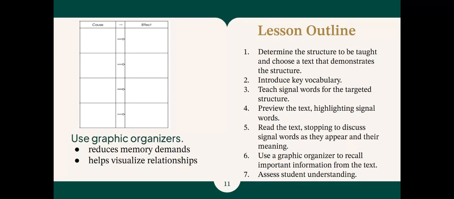Does issue prompt a problem or the solution? Step 6, use the graphic organizer to recall the important information from the text and organize the information into their writing with the graphic organizer. And step 7 is to assess student understanding, and we'll talk about some ways to do that in the next few slides.